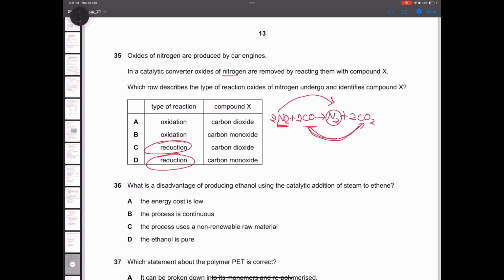Carbon dioxide or carbon monoxide? Carbon monoxide. Because if nitrogen monoxide is getting reduced, carbon monoxide must be the reducing agent. Right? This is how it works. So option D is the correct one.